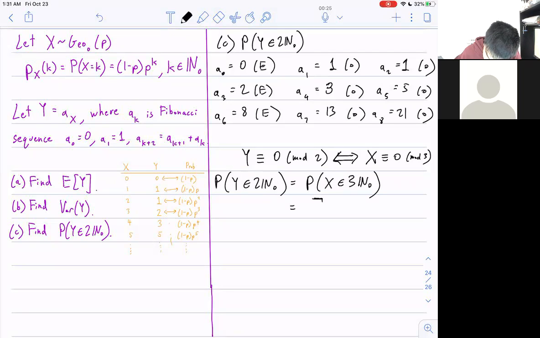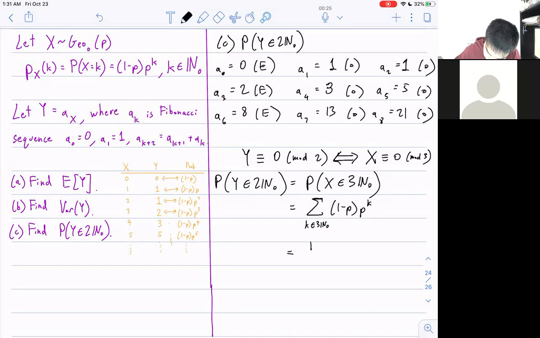So this would be the sum of the probabilities, with k now just taking on multiples of 3. So notice that this is still a geometric sum with initial term 1 minus p because we're starting from k equaling 0. But now the ratio between each term in this geometric series is p cubed.